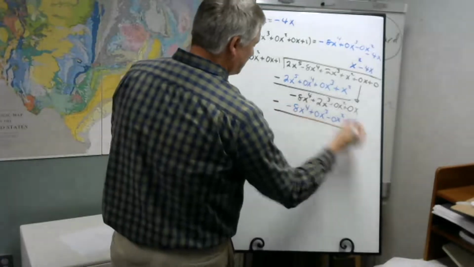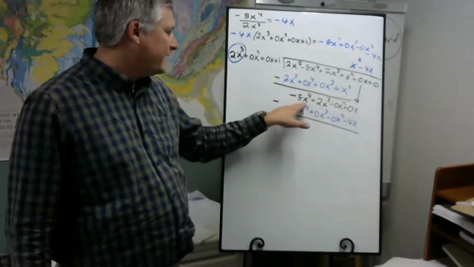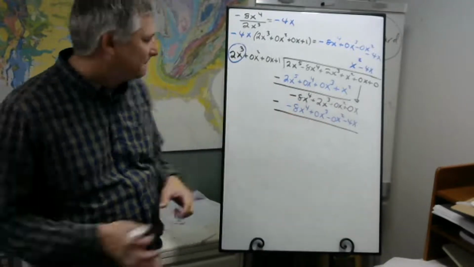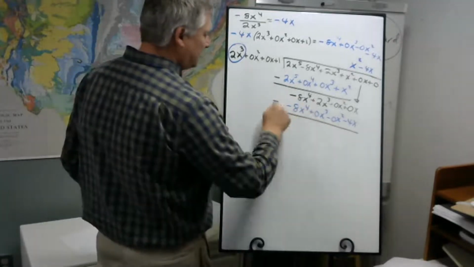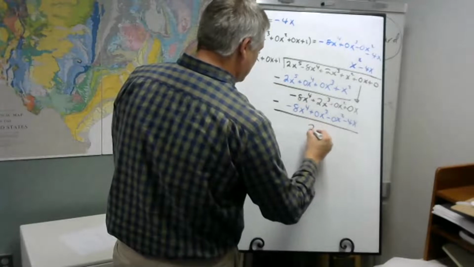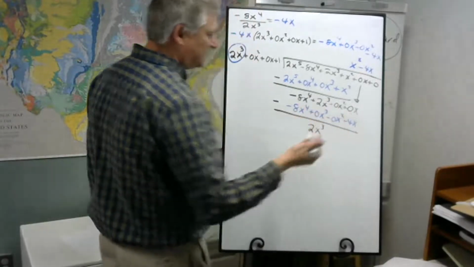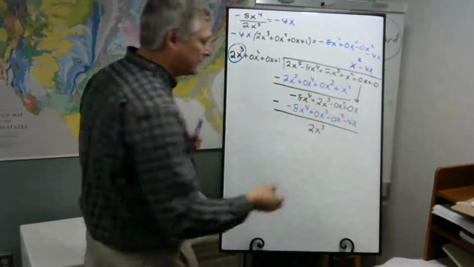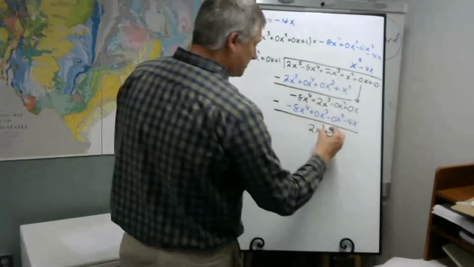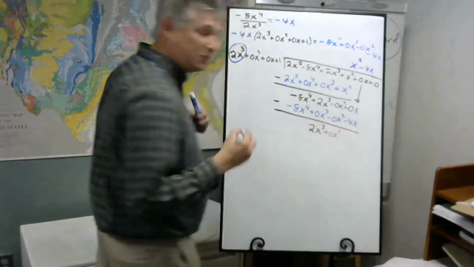So we subtract. What we end up getting here, negative 8x to the fourth minus itself, it just goes away. 2 minus 0 is just 2. 0 minus negative 0, which is the same as 0 minus 0. Well, that's 0, but we're going to get a gap here. So we're going to say 0 minus 0 is 0. So 0x squared.